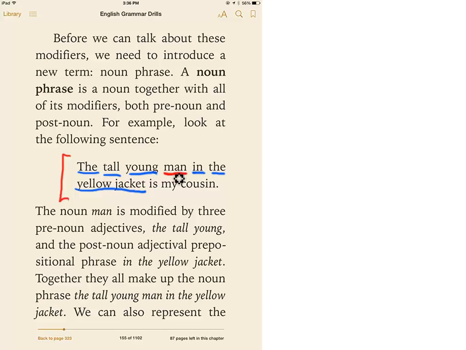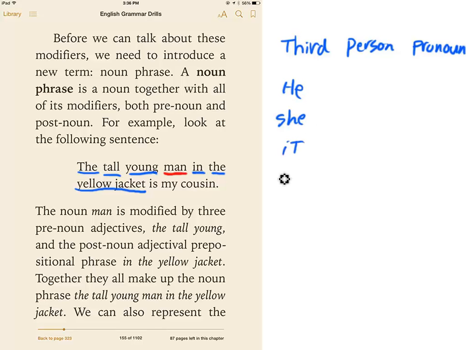Now the cool thing about it is we can identify noun phrases by replacing the noun phrase with a third person pronoun. Any words that you replace with a third person pronoun, he, she, it, and they for the subjects.